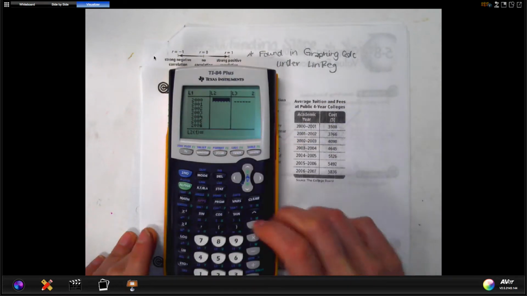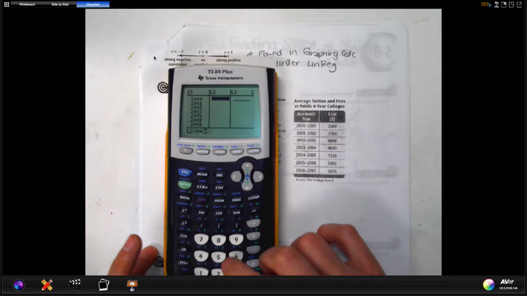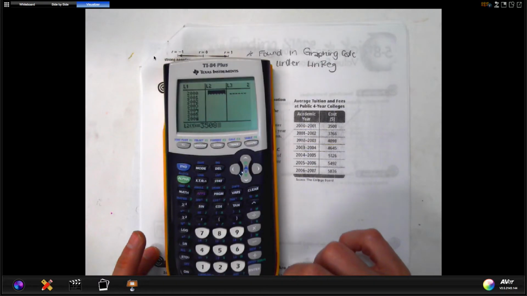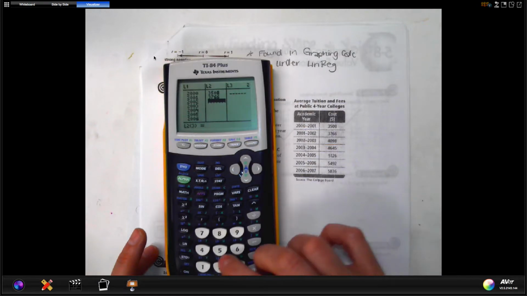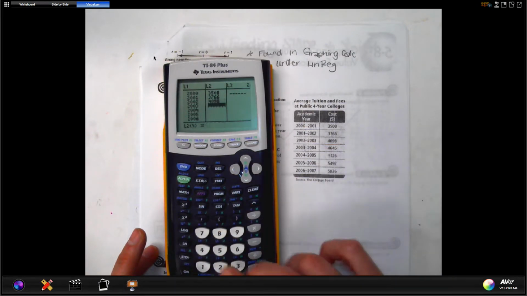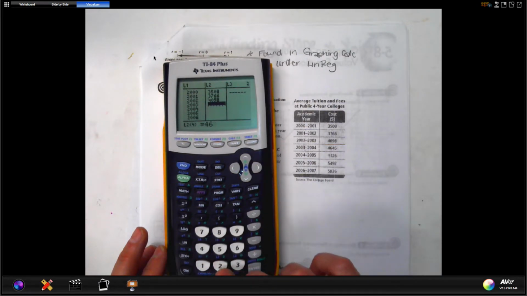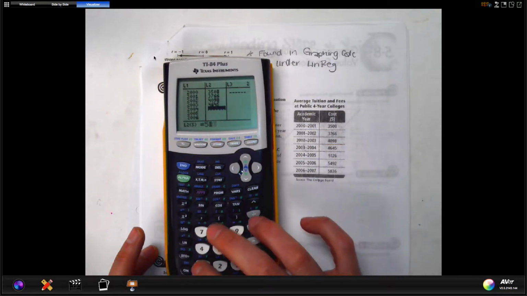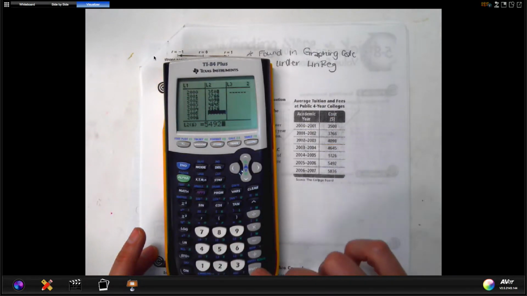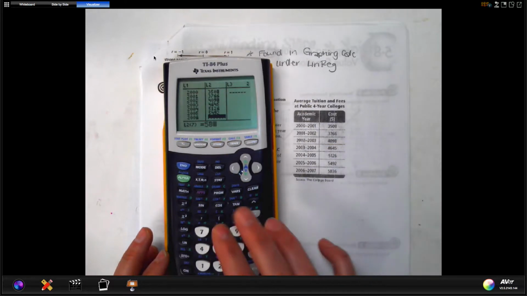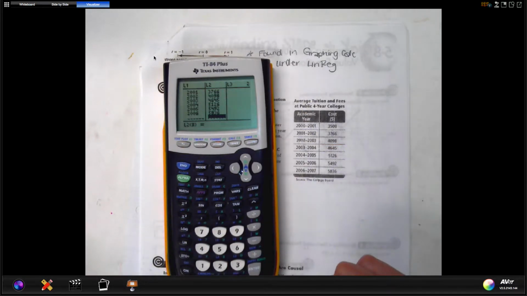But anyway, 3,508 is our first value. 3,766. 4,098. 4,645. 5,126. 5,492, and then 5,836. Okay, so once they are all entered, you'll notice that your list should be nice and even.